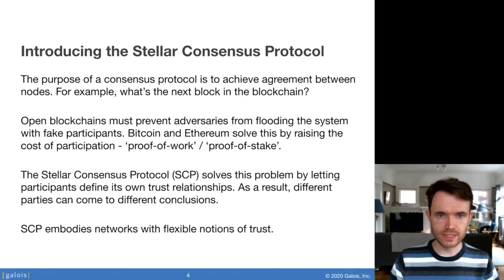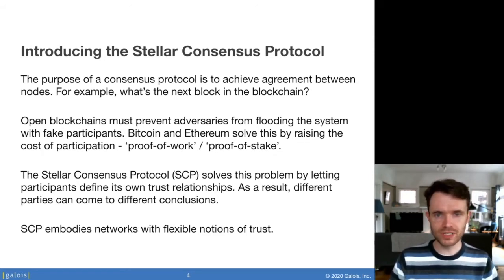As a result of this design, SCP allows different parties to come to different conclusions. There need not be a global consensus between all the participants in the protocol. The hypothesis is that the real economy is connected enough that the Stellar network will remain a single consistent unit, despite failures, misconfigurations, and attacks. We can draw an analogy with the internet, which remains a single entity despite a lack of a single centralized authority.